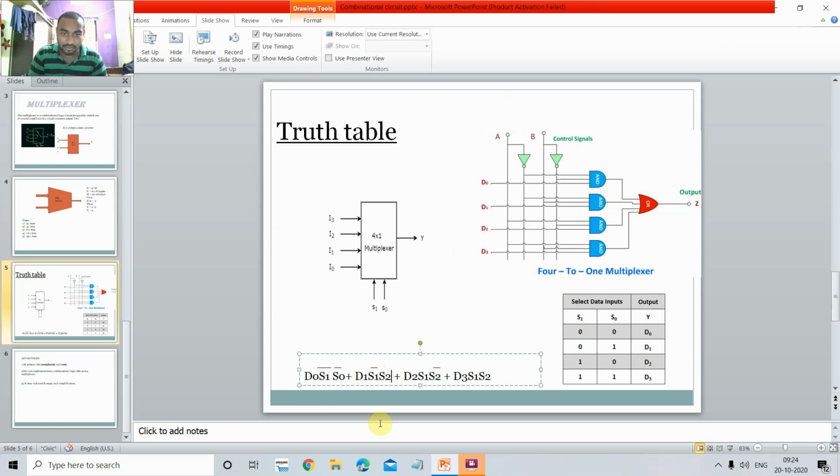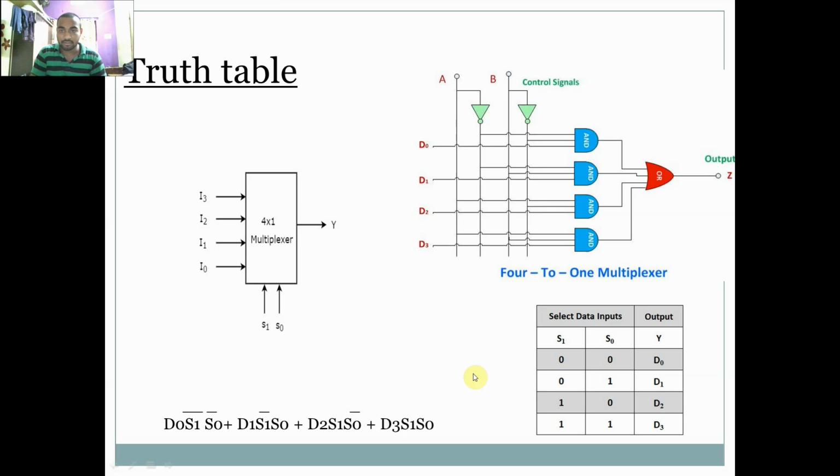So D0 S1' S0' plus D1 S1' S0 plus D2 S1 S0' plus D3 S1 S0.